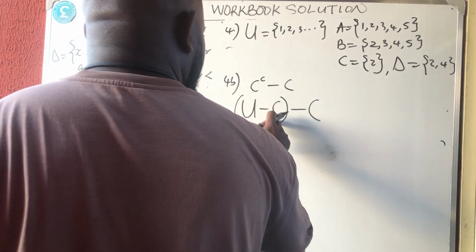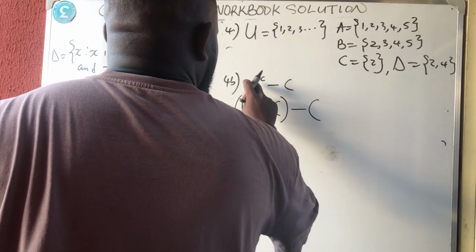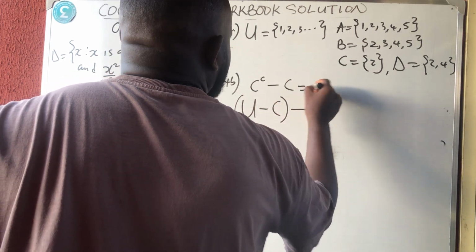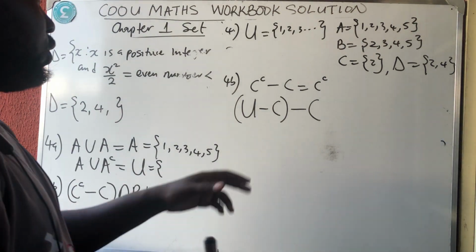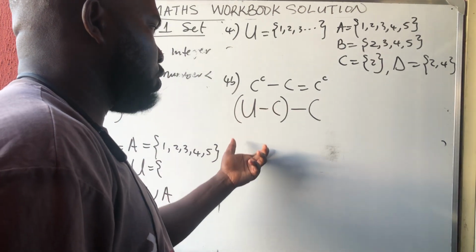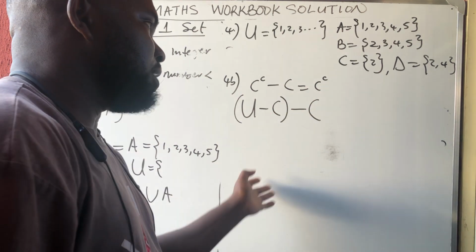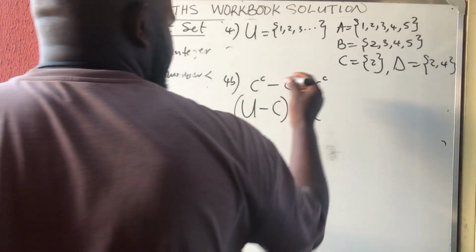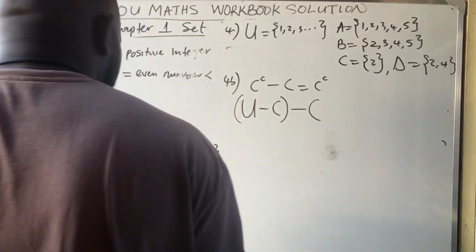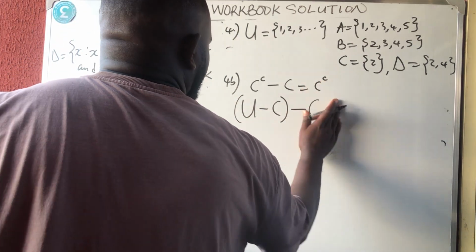You have already removed C and you remove C again. So C complement minus C is the same thing as C complement, because universal set minus C means C complement. You have already removed C, and removing C again, there is no C there to remove. So it's still C complement.